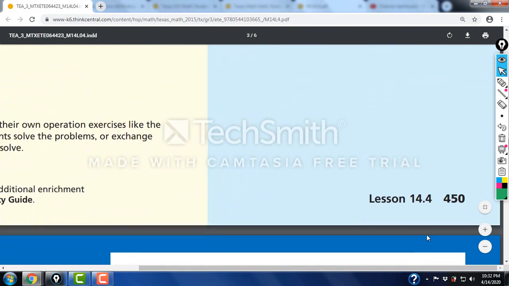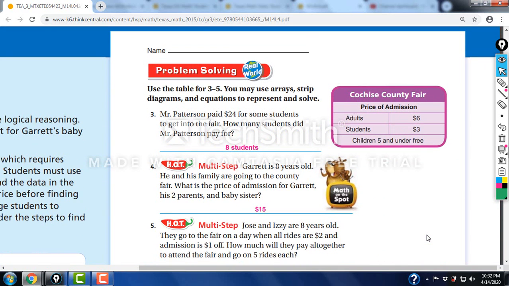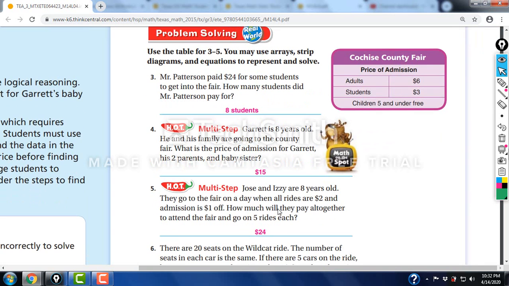We're going to go into the problem solving. So we're going to use this table to answer questions 3, 4, and 5. I already have the answers here for you, but we're going to show you how they were formulated. So Mr. Patterson paid $24 for some students to get into the fair.